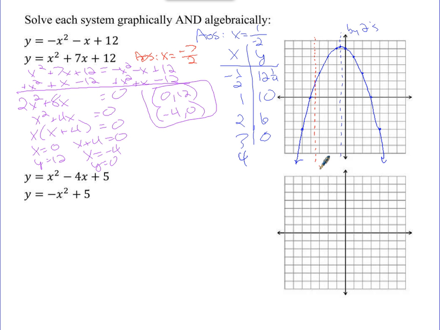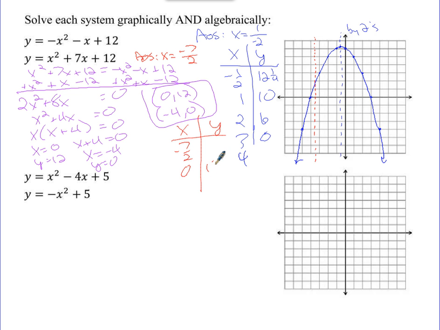Now my vertex is somewhere on that line, which means I need to include negative 7/2 in my table. I have to find the vertex. Then I should choose some easy numbers to either side. What are some easy numbers I could pick? Yeah, we have negative 3, negative 2, negative 1. 0 I already know is 12.